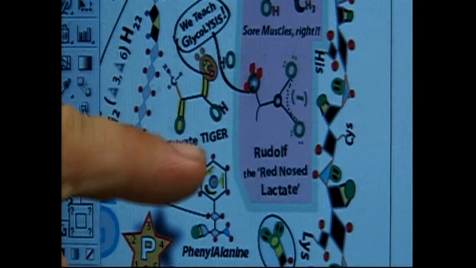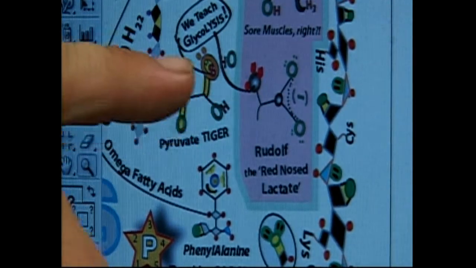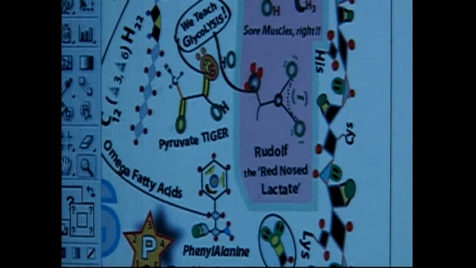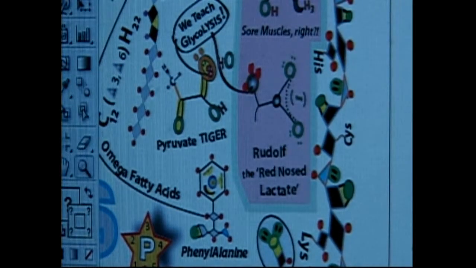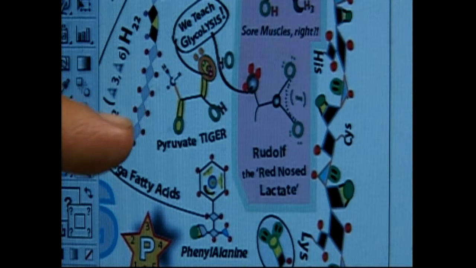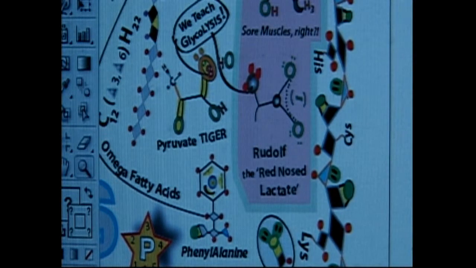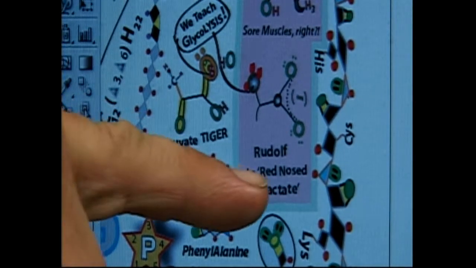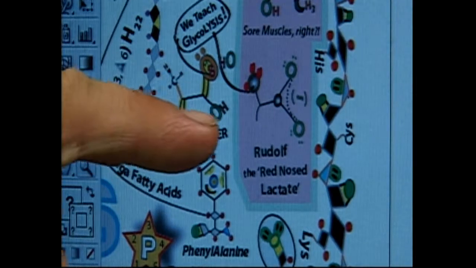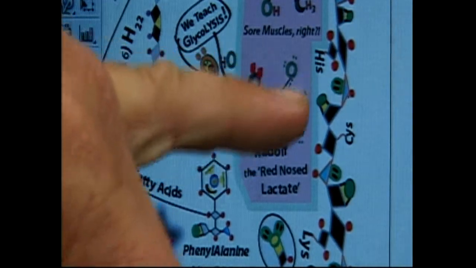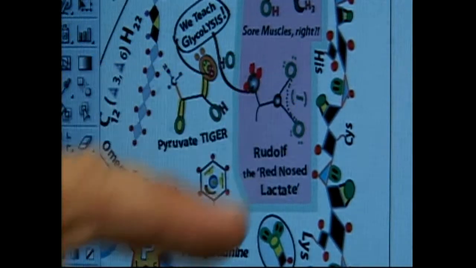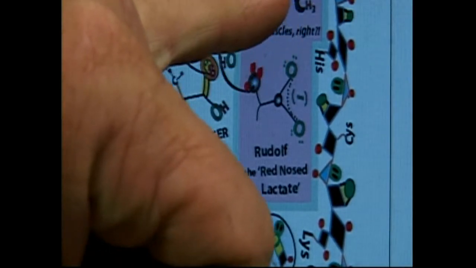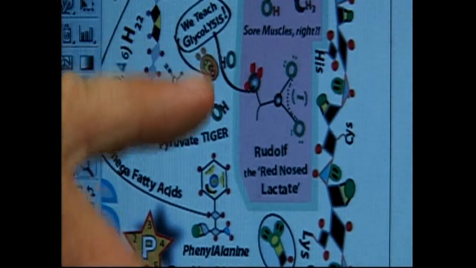Compare that to the pyruvate tiger and see if you can see what the enzyme did to change. Pyruvate came in, this is in your mitochondria now. The first reaction it does is it changes pyruvate to lactate. You got an OH. I don't see an OH there. Well, here's an OH. Okay, so you got an OH and OH, double bonded O.